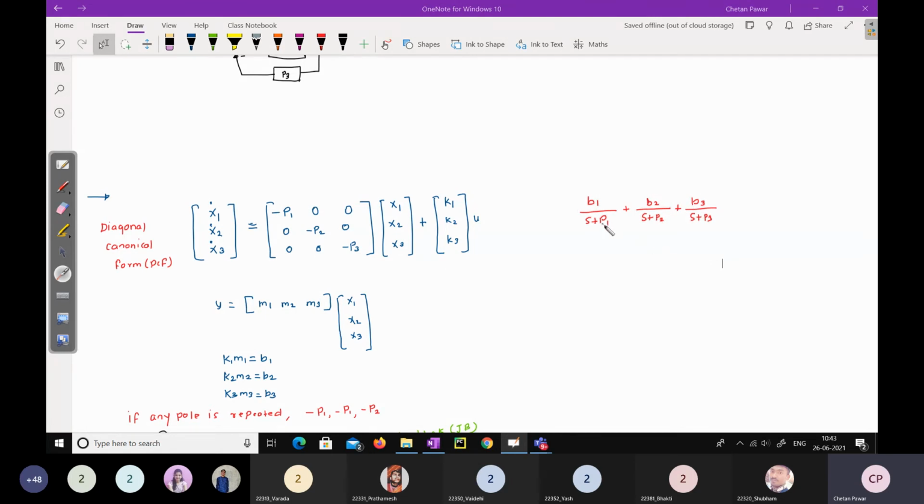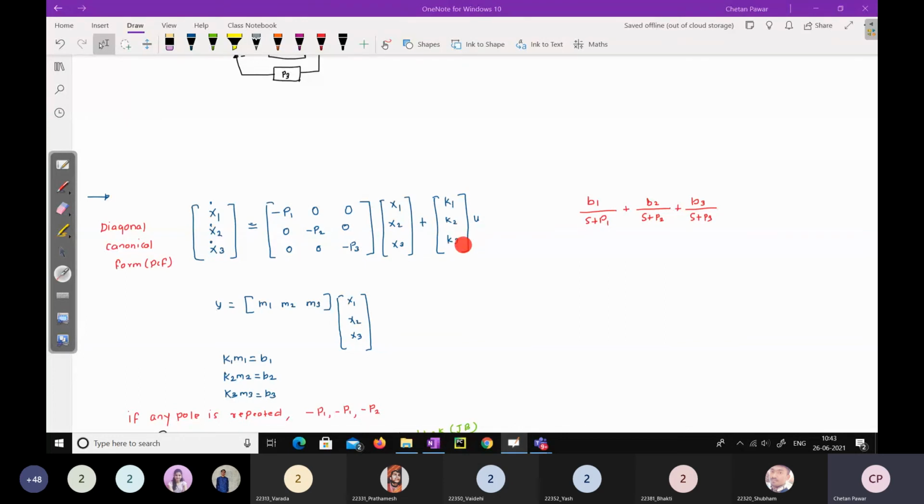We need to form the state space model. Now this P1, P2 and P3 are different roots, so you can represent those elements diagonally. This will be a diagonal matrix, and the other elements will be 0. So this diagonal element will be minus P1, this will be minus P2 and this will be minus P3. So this will be our A matrix, simply decided by the poles of the system: minus P1, minus P2, minus P3.